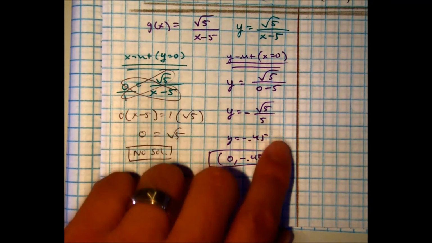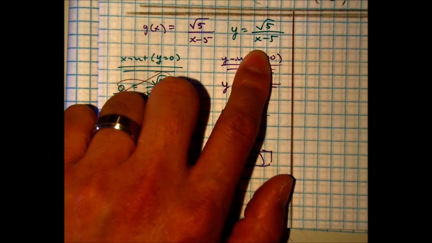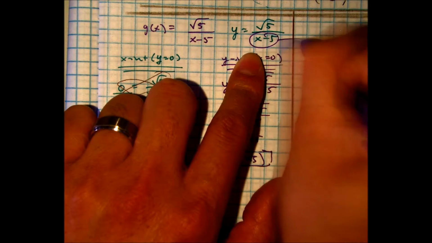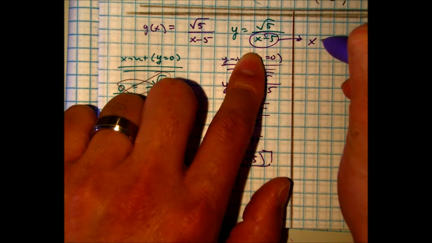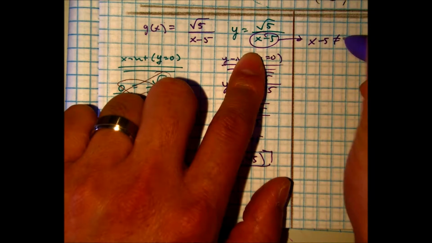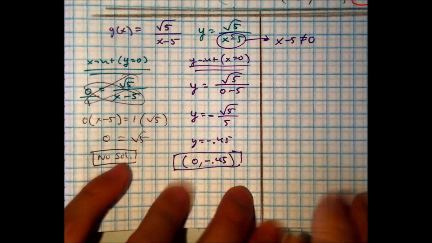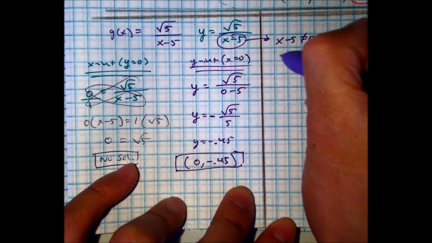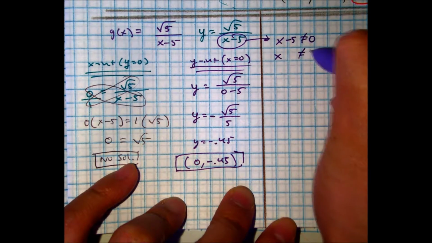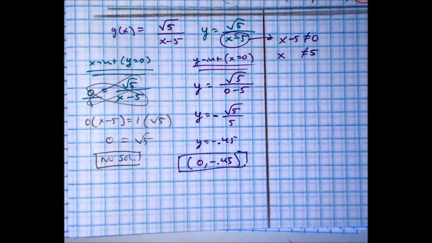So we're going to take this one, color, and set it not equal to 0. So Rovan, if you solve this, x is what? Not equal to 5. Let's graph this.